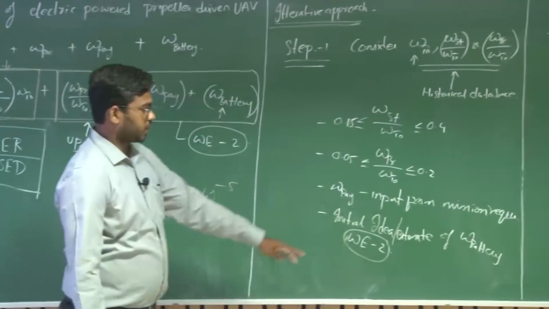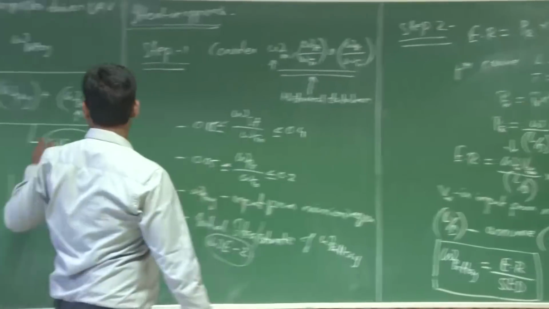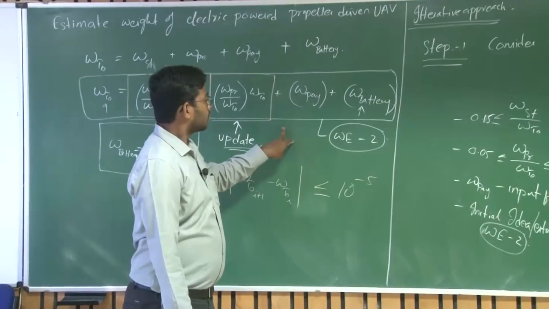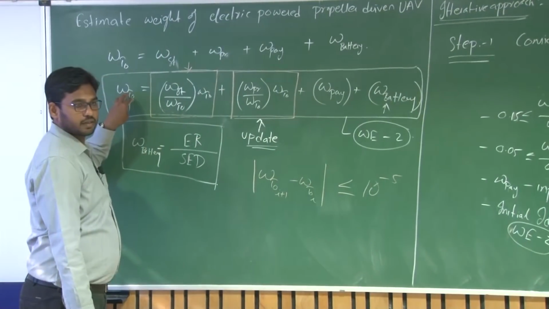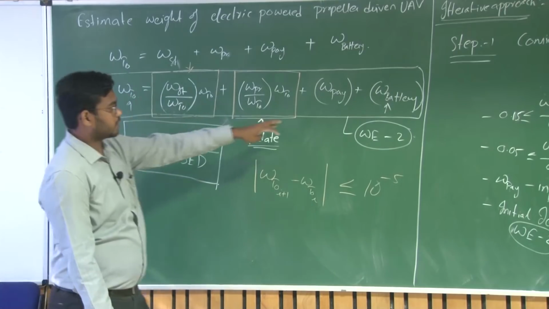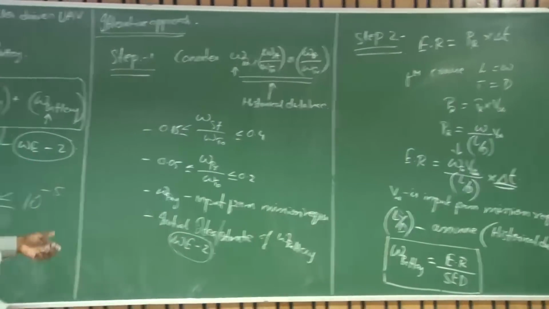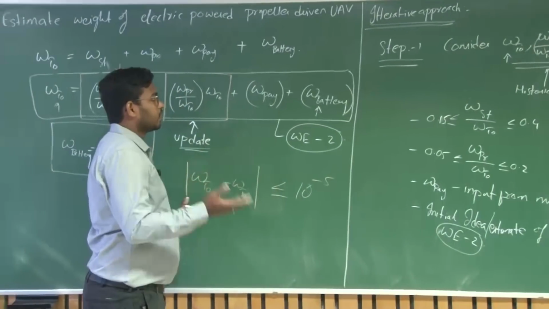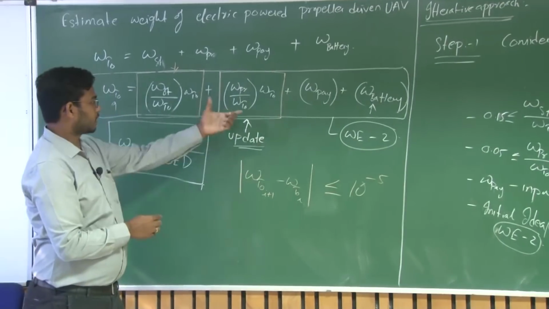So from here you can figure out the weight of the battery. Now go back to this equation. For the same UAV, if this battery weight turns out to be the same battery weight, then at i equal to 1 you will be able to converge, because nothing is going to change here.